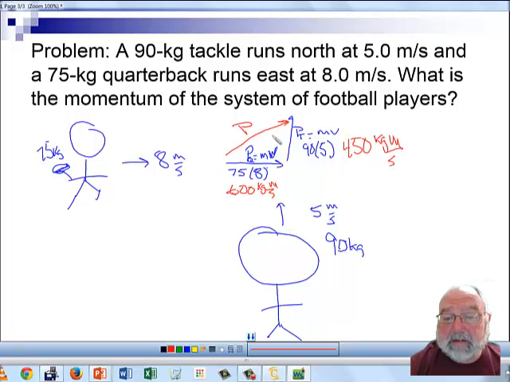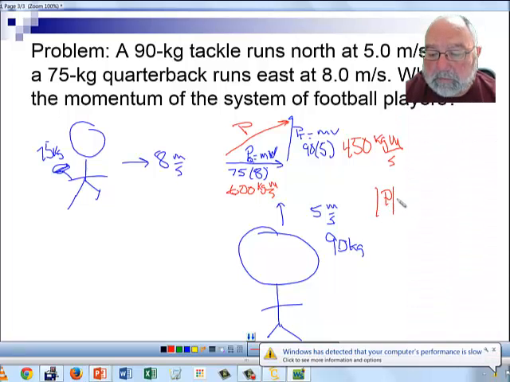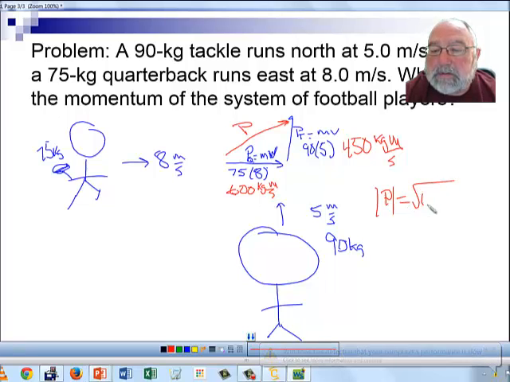To come up with the vector sum, we use our good friend Mr. Pythagoras. The magnitude of the momentum is the square root of 600 squared plus 450 squared.